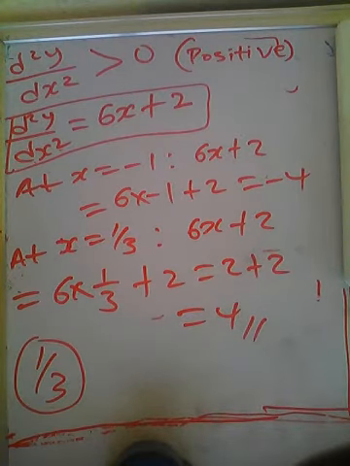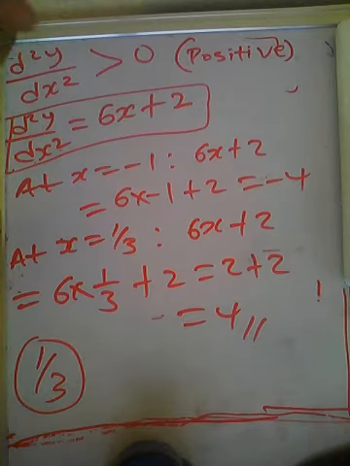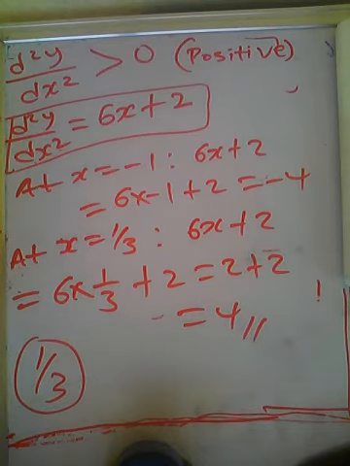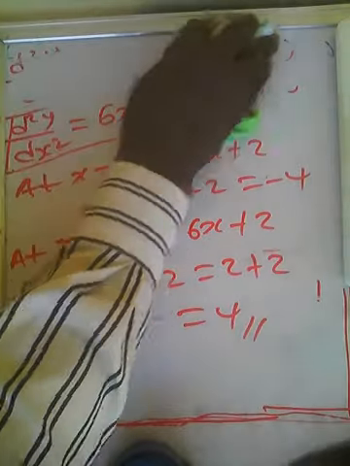So it is positive at 1 over 3 and negative at minus 1. So x equals 1 over 3 is the value of x at the minimum point of the curve y equals x to the power 3 plus x to the power 2 minus x plus 1.